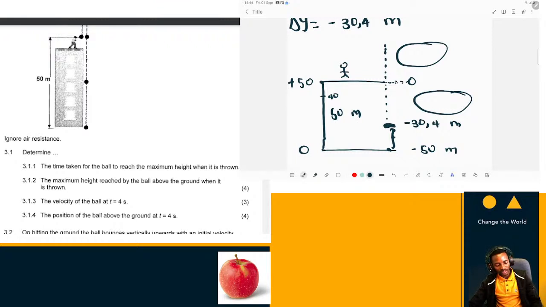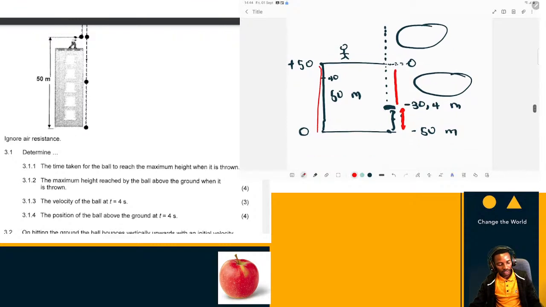So if we want this distance over here, we're going to say this distance is 50 minus this one, which we know is 30.4. Then we're going to get this one.